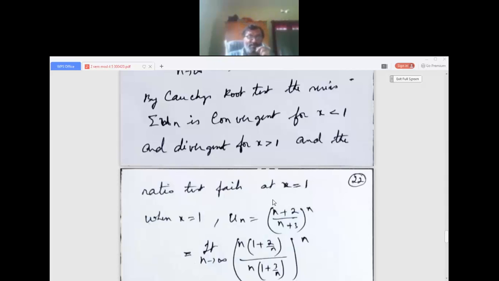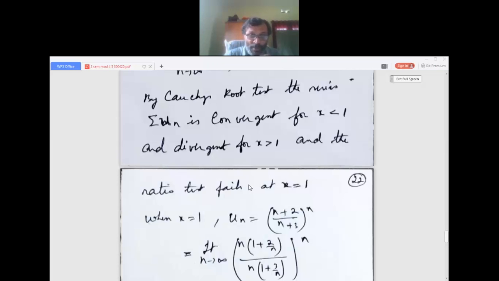Now, today we discussed the problems in Cauchy's root test. Cauchy's root test means limit n tends to infinity un whole power 1 by n. There we have seen different methods of solving the problem. First, for the given series sigma un to infinity, we write the nth term. The nth term can be found either by the arithmetic formula a plus (n minus 1) d if it is an arithmetic series, or a into r power n minus 1 if it is a geometric series, etc. Otherwise, use your common sense to write the nth term.